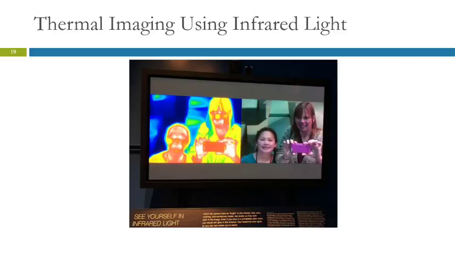So night vision, you may have seen some pretty cool videos available showing night vision. Seeing in the dark. Well, what are you actually looking at? You're looking at a camera that detects infrared radiation. And so it detects warm objects versus cold objects.